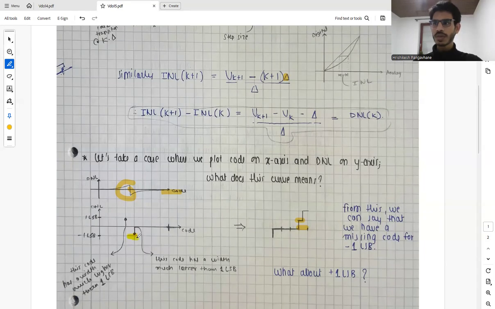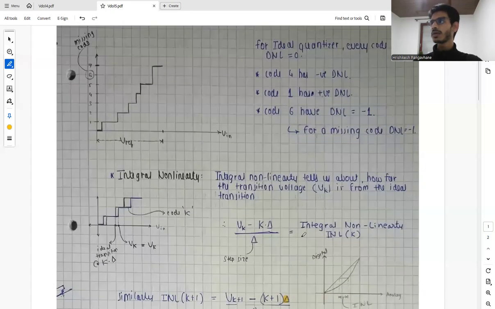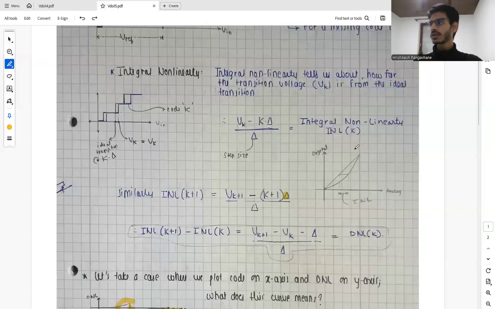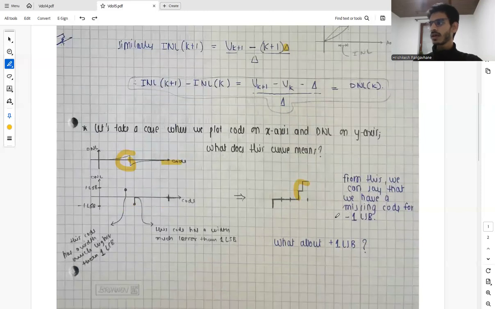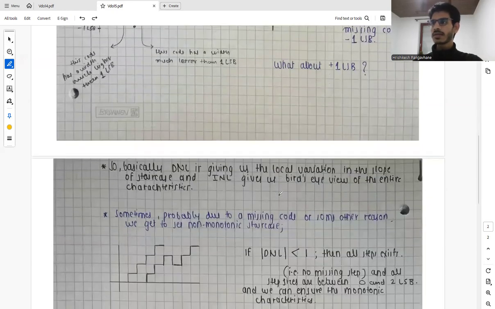If it goes to -1 LSB, the width will be 0, so it will be the case where we have the missing code. That's how, when we talked about a missing code earlier, we have a missing code for the value -1 LSB.